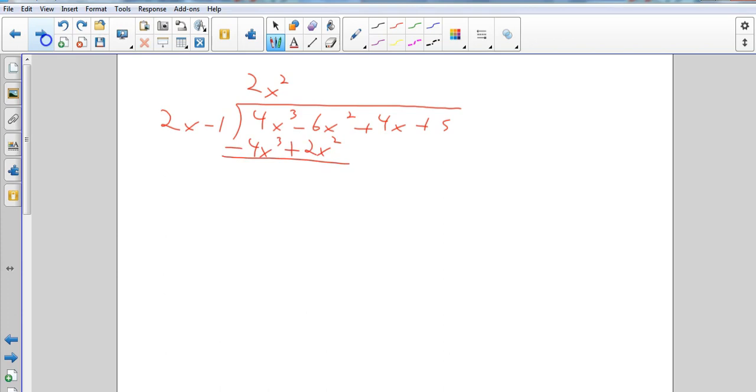Change the signs, subtract or add, negative 4x squared. Bring down, divide. Negative 2x will give me negative 4x squared plus 4x. Change the signs.